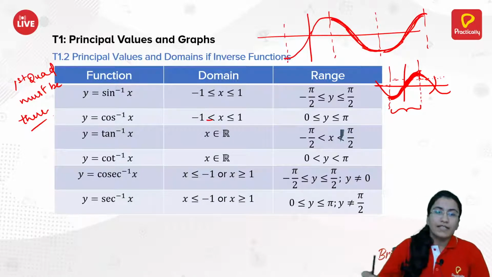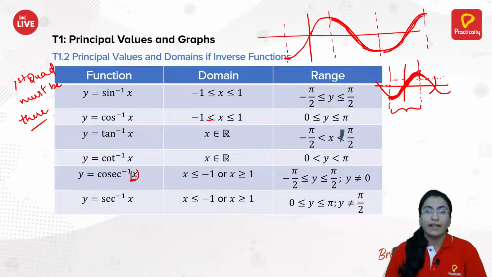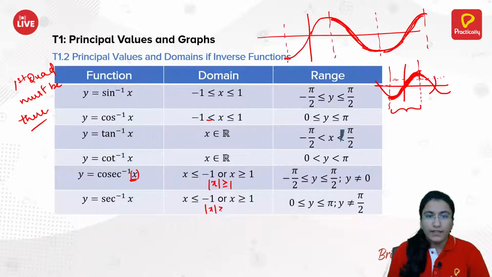For cosecant inverse x, you get only values varying from minus infinity to minus 1 and 1 to infinity in its domain. Like you can only provide the value over here such that the absolute value of x is greater than or equal to 1. Similarly, this condition is also the same, absolute value of x is greater than or equal to 1.